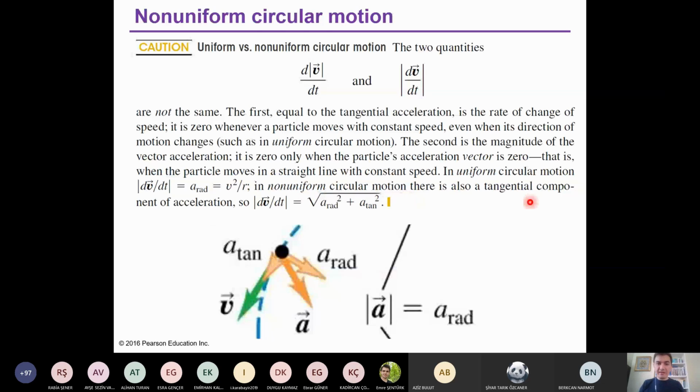So then the total acceleration in case of non-uniform circular motion has two components. And these two components can be used here to calculate the magnitude of this acceleration. So read carefully this part from the book, and if you still have problems, let me know.